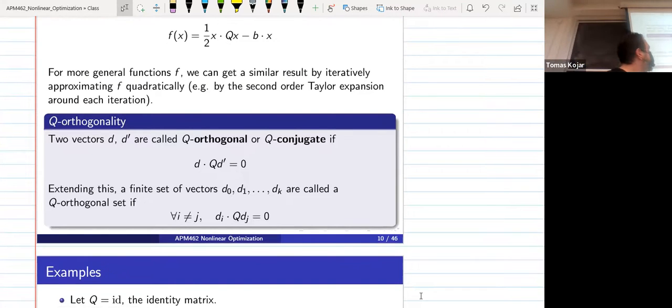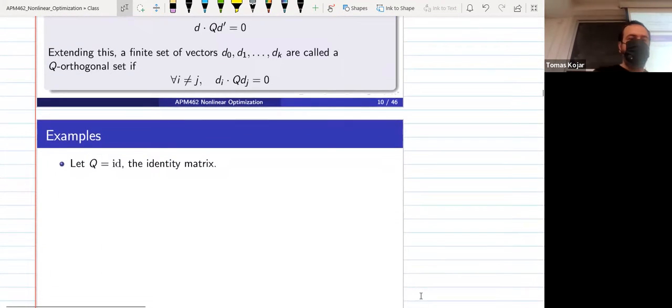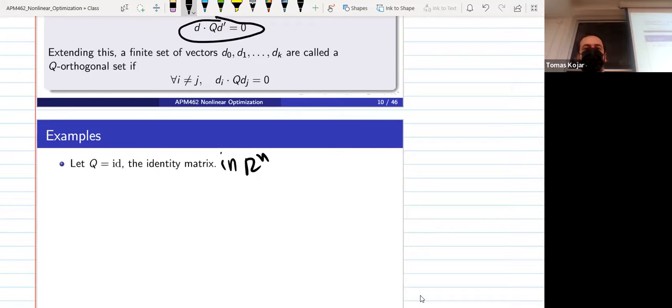So these are the vectors. Okay, let's do some examples. If Q is the identity matrix in R^n, can someone tell me what this condition means? The translation of this? Yeah, but why is that?